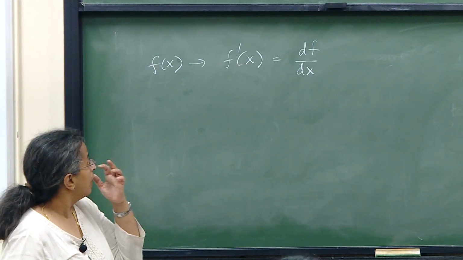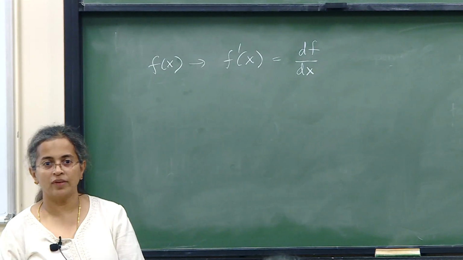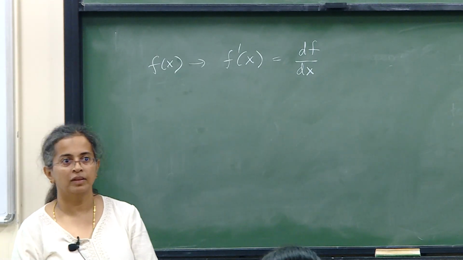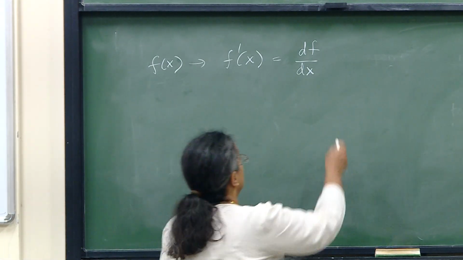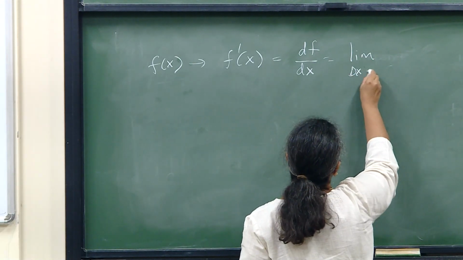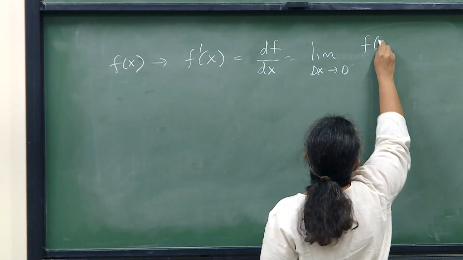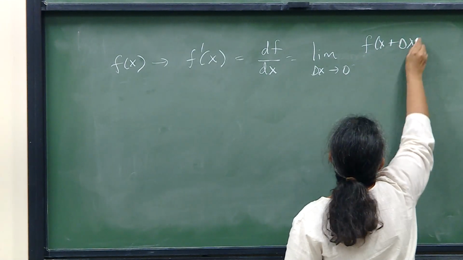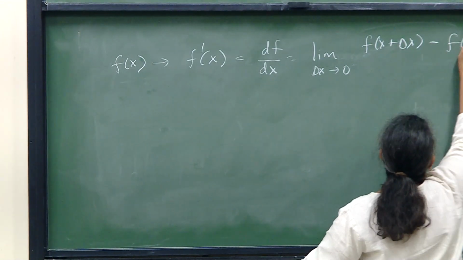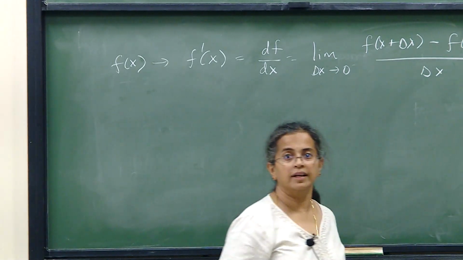So now, how do you define a derivative? What have you learnt in your math class? Yes. So it is some limit, let's say delta x going to 0. f of x plus delta x minus f of x divided by delta x.